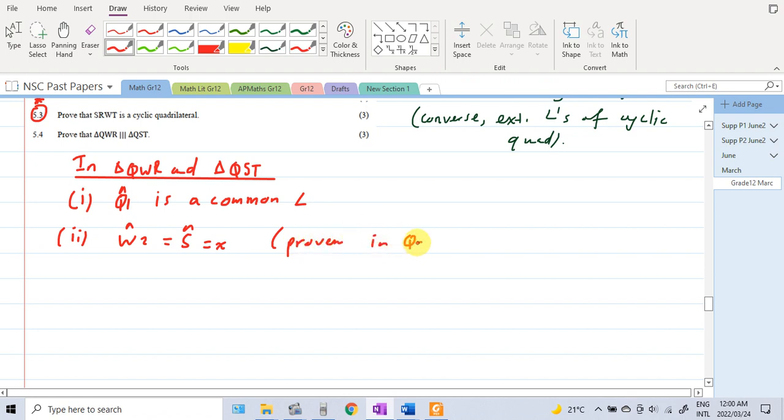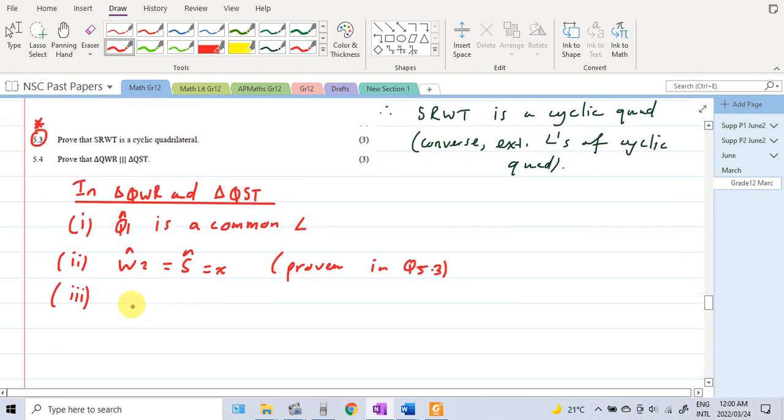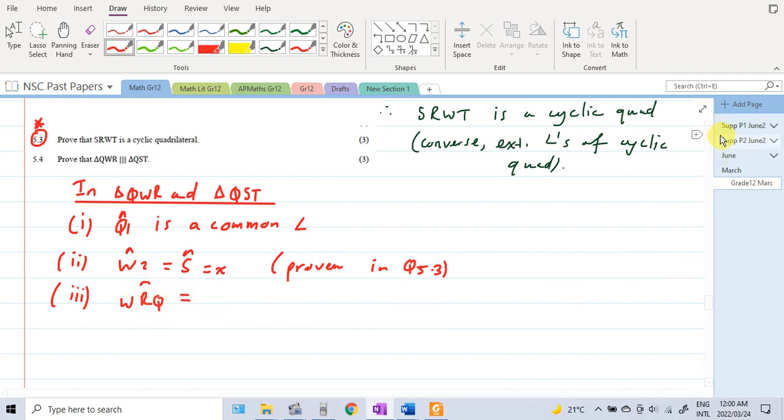And the third one, I would like to write this in 3-point notation. So the third one is angle R1 plus angle R2, so angle WRQ is now equal to STQ.